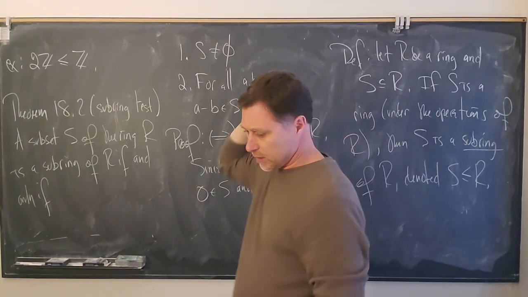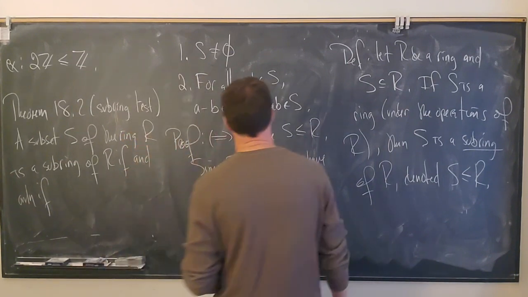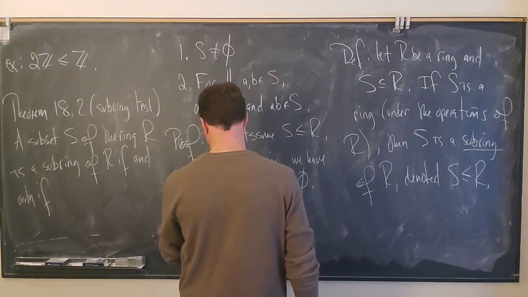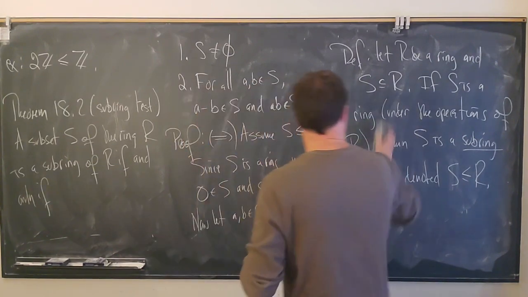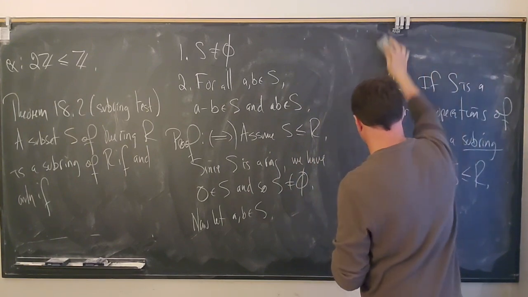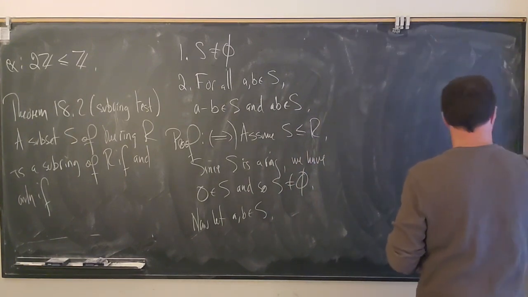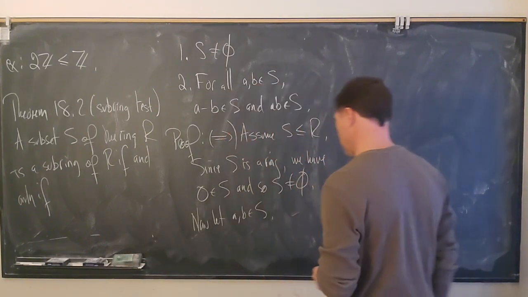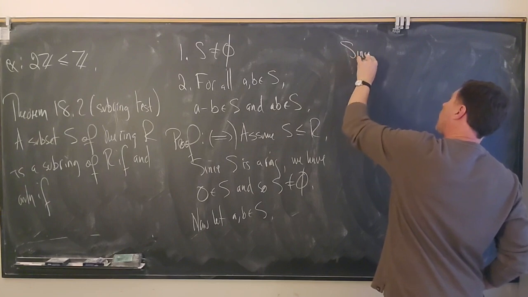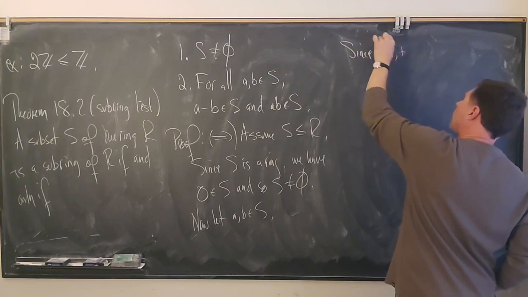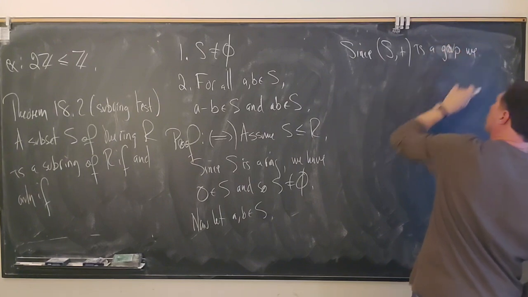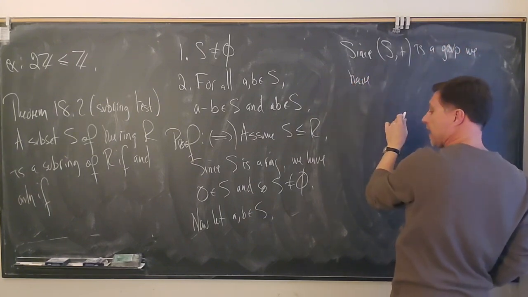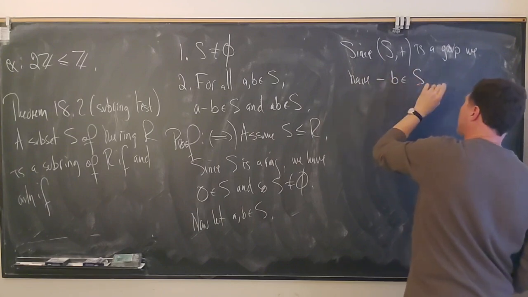So now we need to show that it's closed. Let little a and b be in capital S. Well, since S under plus is a group, we have that minus B has to be an element of S. Why is that?